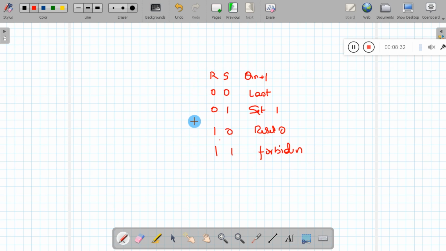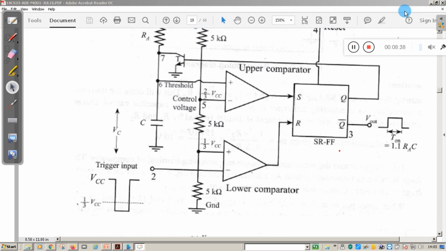So now moving on to the circuit diagram. As I explained earlier, the timer IC 555 contains three resistors.